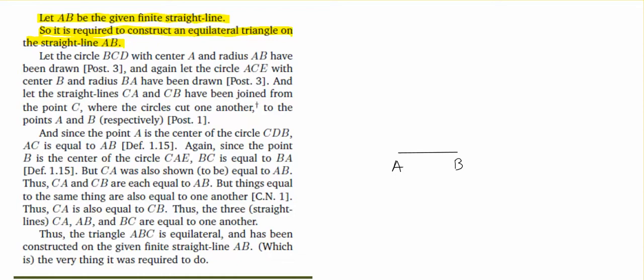Next sentence is really long, so I'm actually going to break it into several parts and do each part before I move on. First part says, let the circle BCD with center A and radius AB have been drawn. So we're going to make a circle. It's going to be circle BCD.